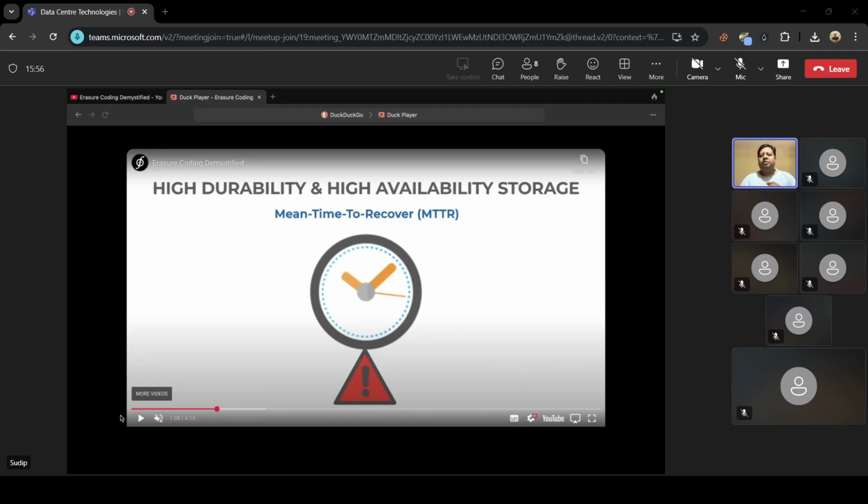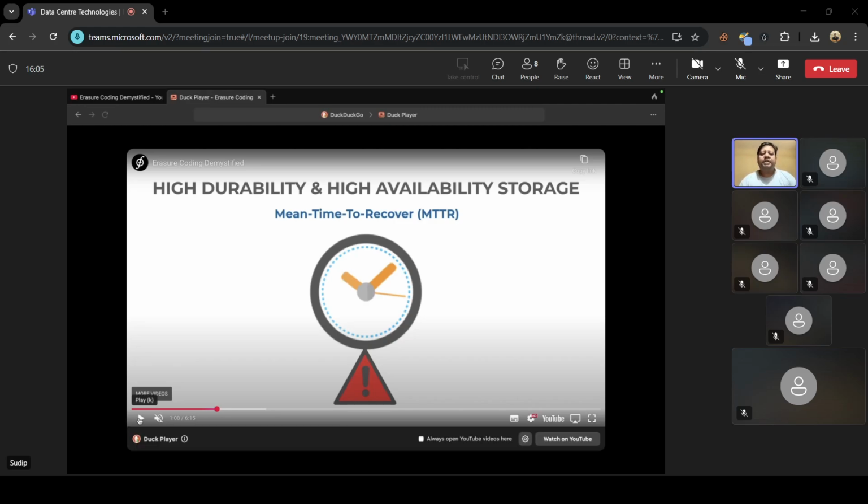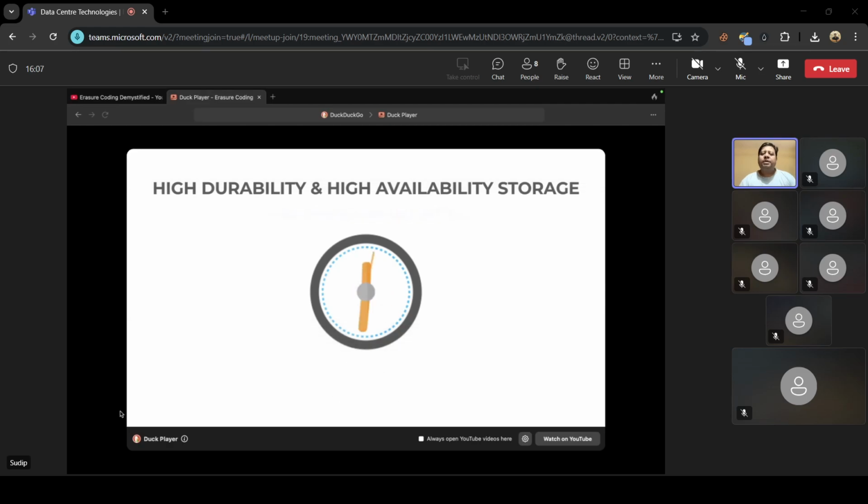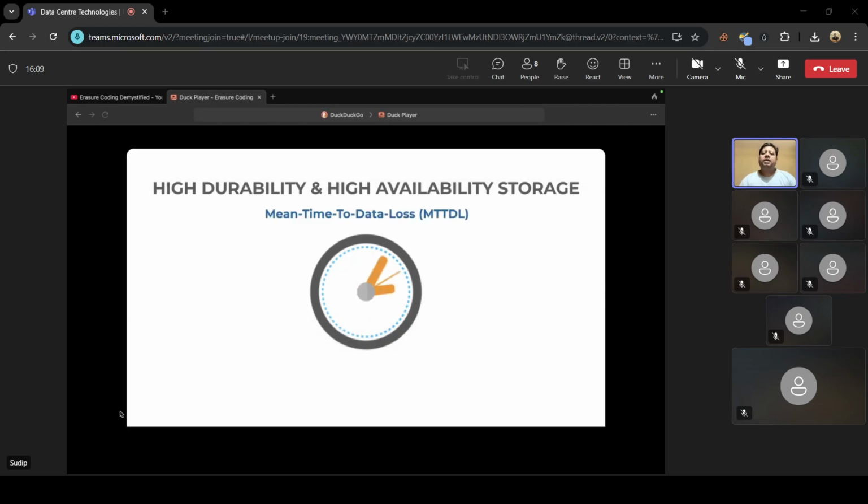No, it will take time. And that is called mean time to recover, or rebuild time: how much time it actually takes to rebuild the data that was inside a failed hard disk.